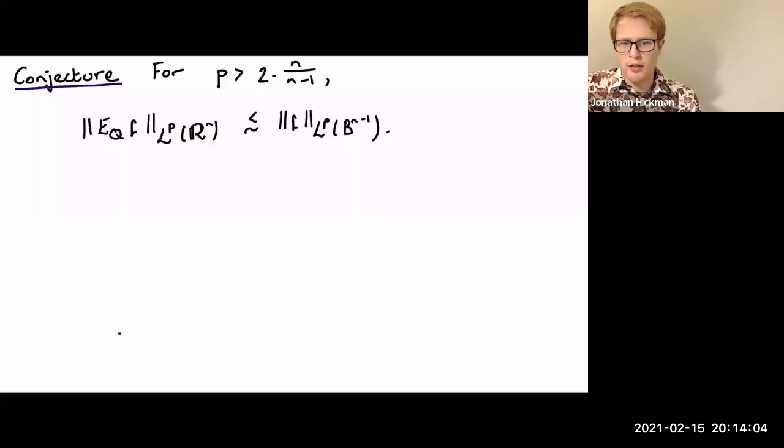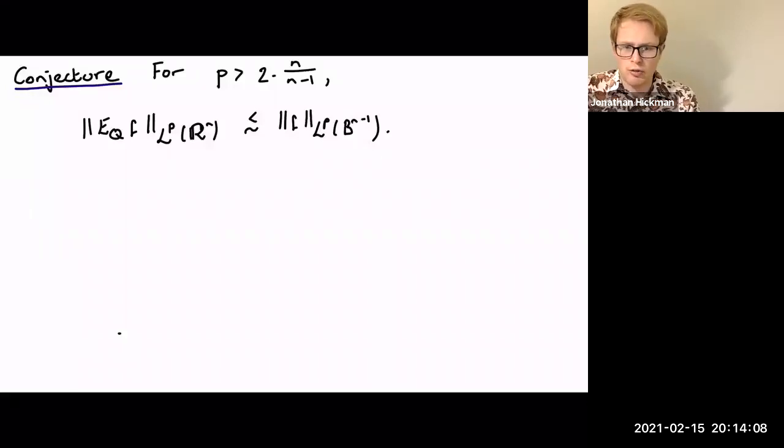I'll remark that the range of exponents here does not depend on our choice of non-degenerate quadratic form, and this is due to the fact that they all result in hypersurfaces of non-vanishing Gaussian curvature. So in particular, the signature does not play any role in the range of exponents in the conjecture. Of course, the choice of quadratic form will manifest itself in the constant in the inequality.